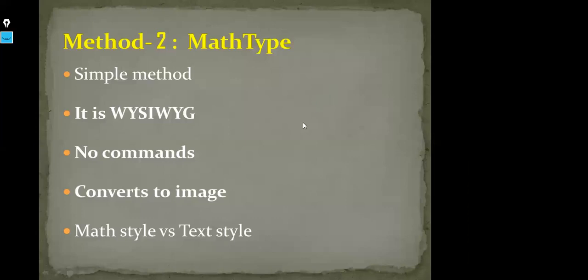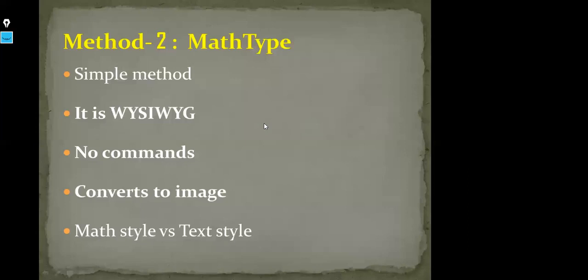But it converts to an image. Whenever we type it, it converts to an image, and you cannot copy and paste it at different places and edit it. The reason is that when you copy and paste at some other place, it goes like an image there. That's the problem.